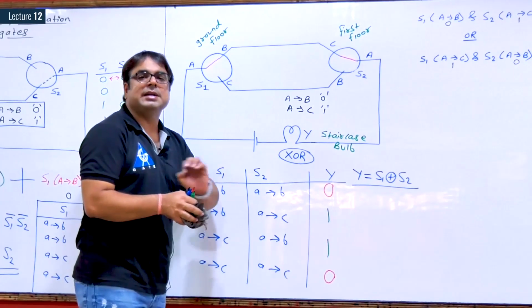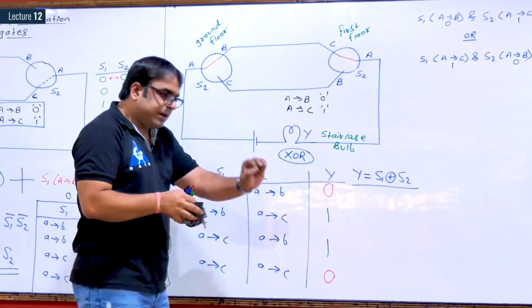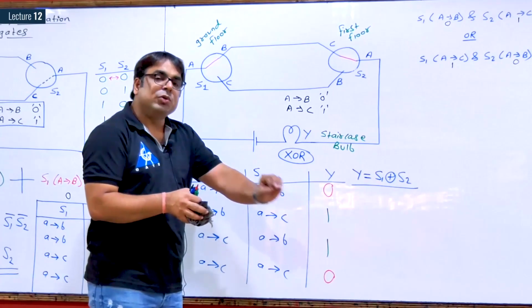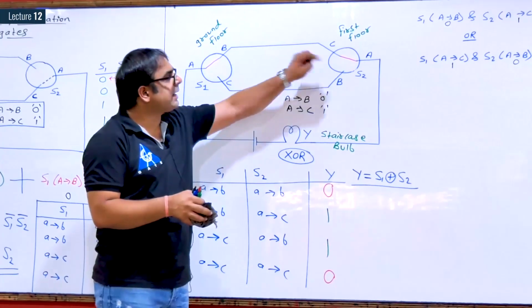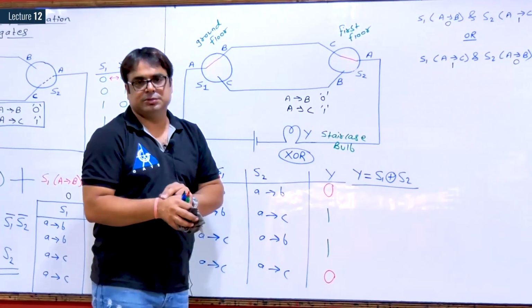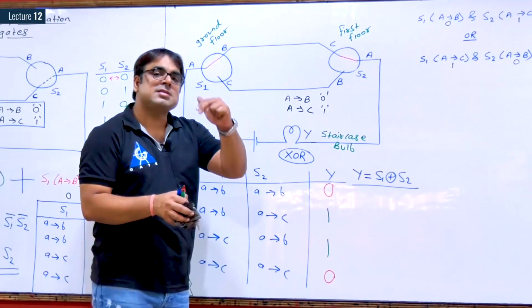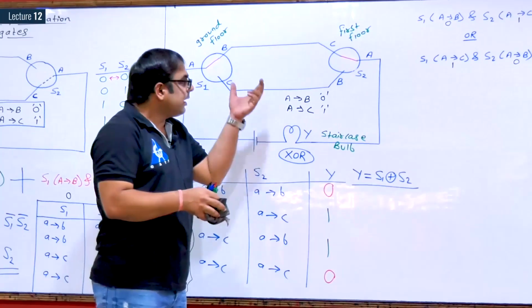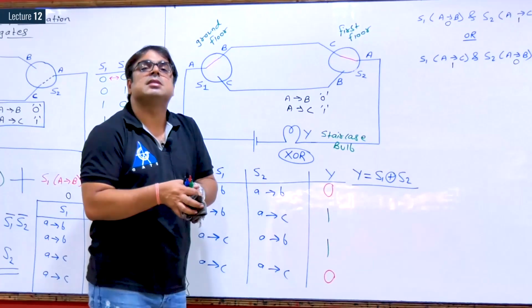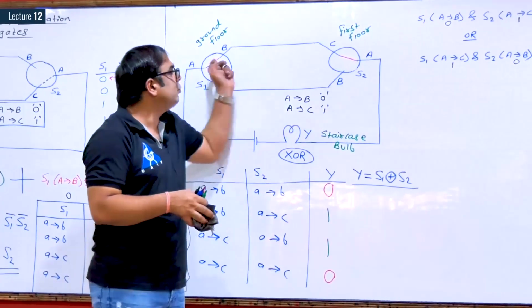Exactly similar condition. To control the bulb, you need two switches: one switch at the ground floor, the second switch at the first floor. Now you will be able to realize how the electrician makes this happen. The electrician makes this happen with the help of a two-way switch.